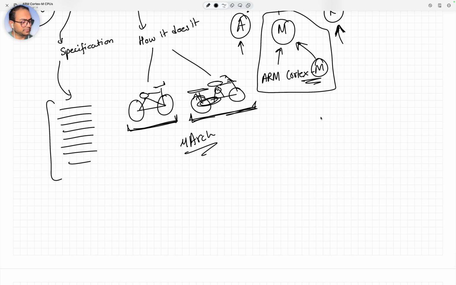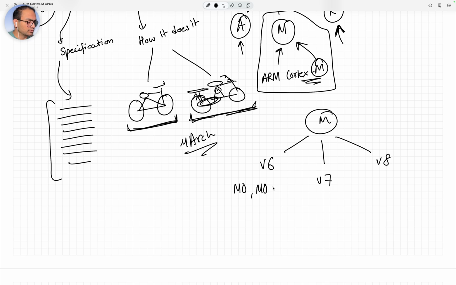Now for the M-class CPUs themselves, we talk about the microarchitecture and the architecture. There are three types of architecture, the V6, V7, and V8. If I'm recalling correctly, if you ever Google about the Cortex-M CPUs and get variants like Cortex-M0, Cortex-M0 plus, and Cortex-M1, those are based on the V6 architecture description.